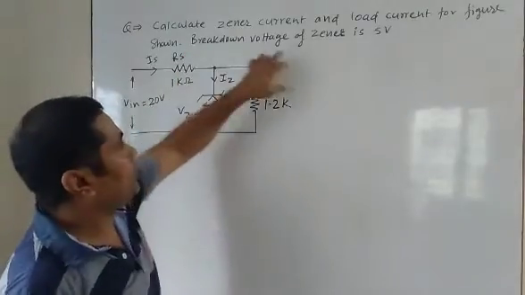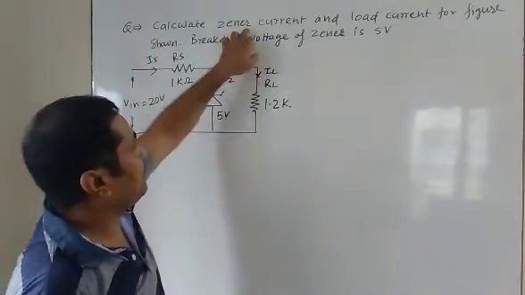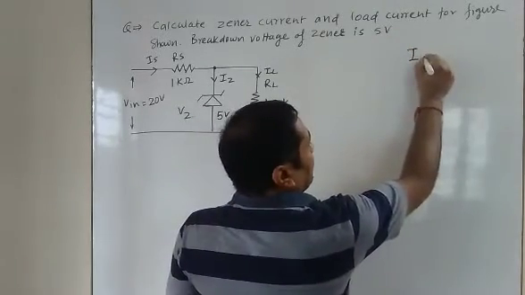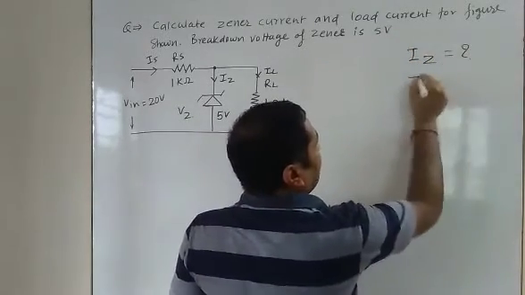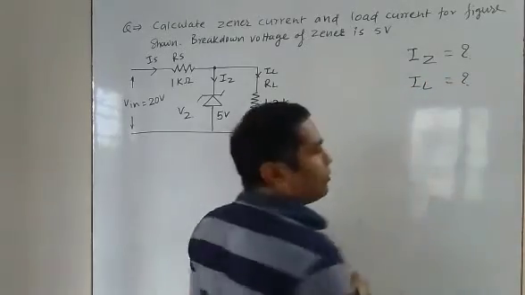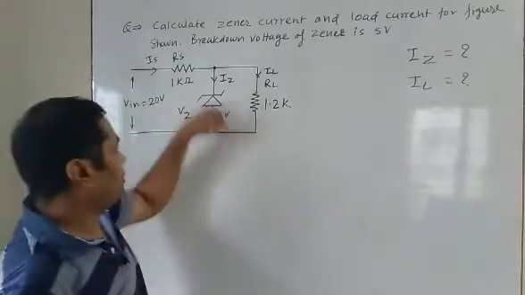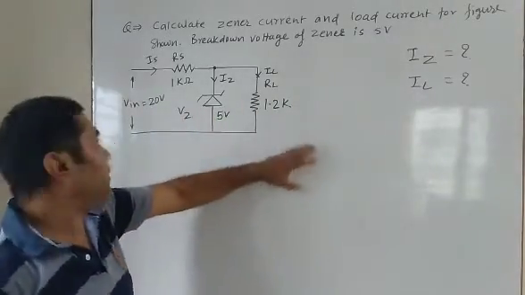What is in the problem? Calculate the Zener current and the load current, that is, Iz and IL. This was the figure given in the problem.